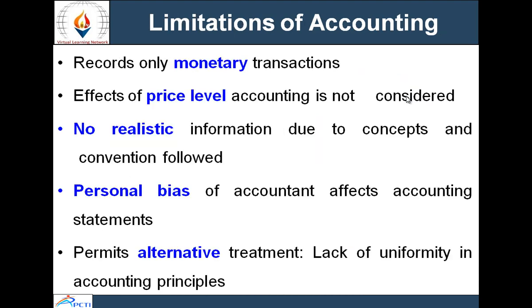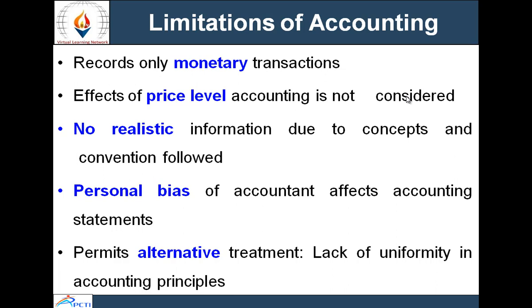There are some limitations of the accounting system. Number 1, it records only monetary transactions. Number 2, effects of price level changes are not considered. Number 3, no realistic information due to concepts. Number 4, personal bias of accountants affects accounting statements.